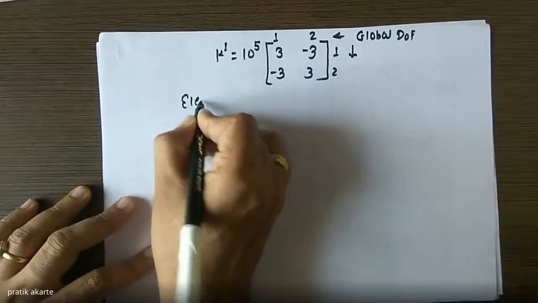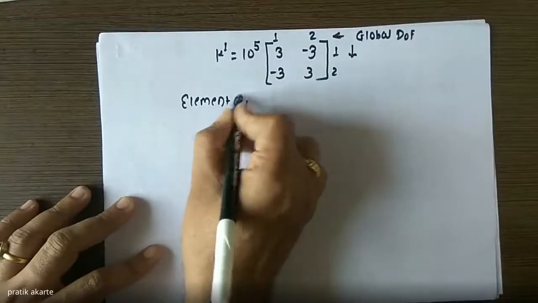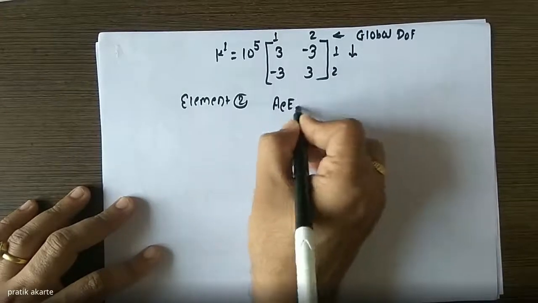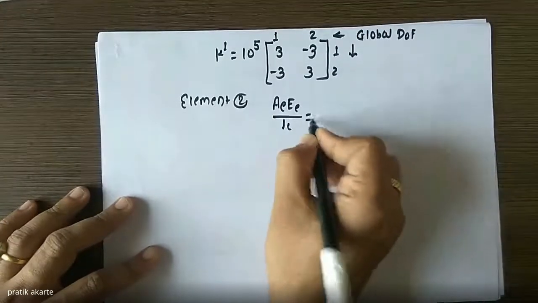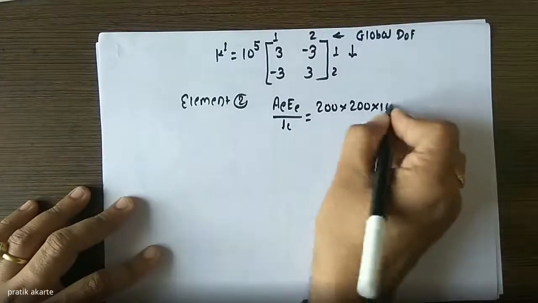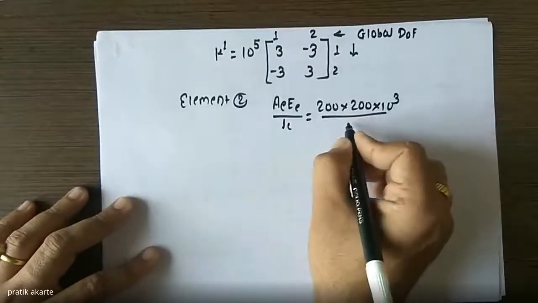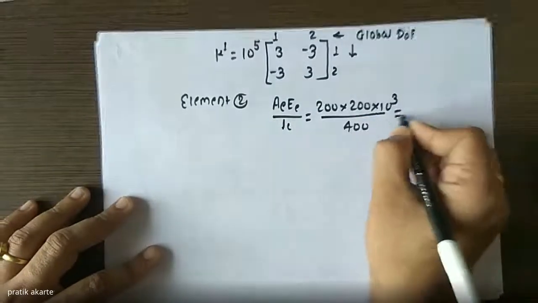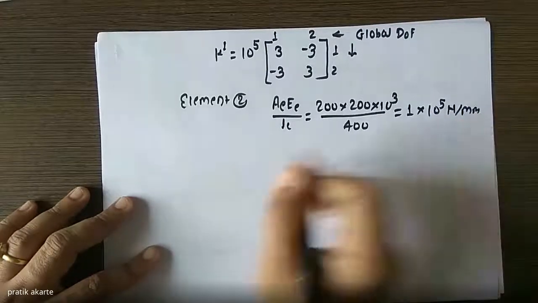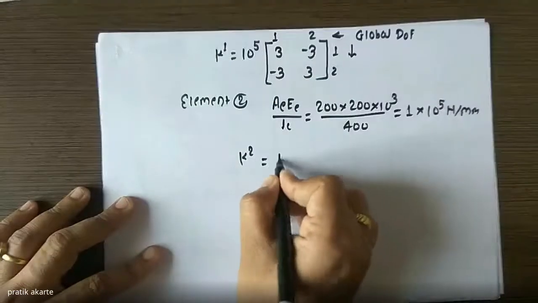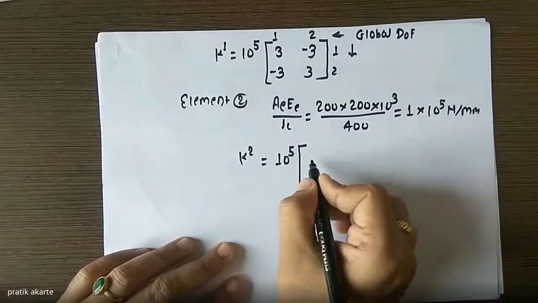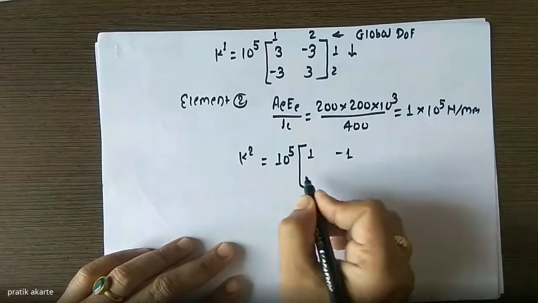For element 2, on similar ground, we formulate AE upon L, which comes out to be 200 into 200 times 10 raised to 3 divided by 400. So it is coming out to be 1 into 10 to the power 5 Newton per mm. So we can write K2 as, again taking out the common term 10 to the power 5, 1, minus 1, minus 1, 1.